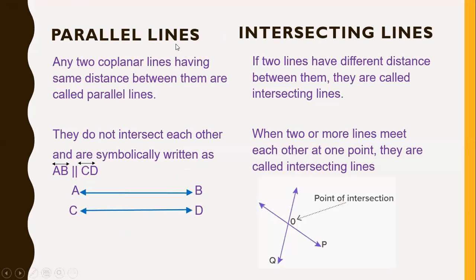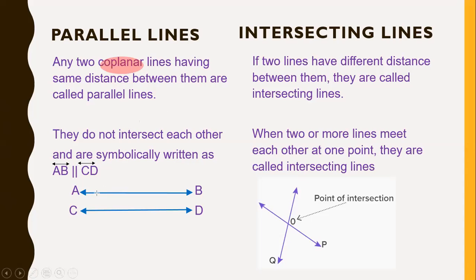Now let's discuss what are parallel and intersecting lines. Now, parallel lines. Any two coplanar lines having the same distance between them are called parallel lines. My dear students, for example, here you can see the diagram of two parallel lines.